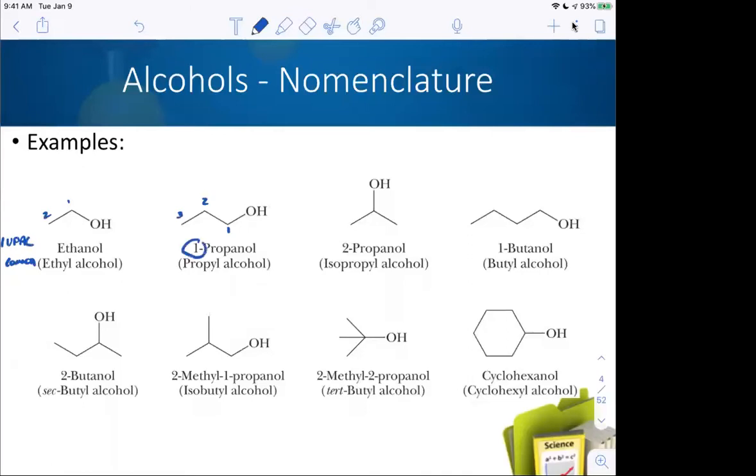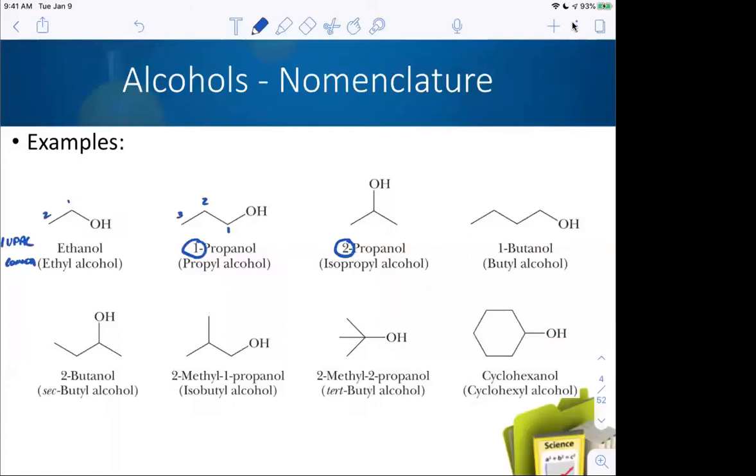Notice now I have to indicate location, because if it's on the 1 carbon or the 2 carbon, I get 2 different constitutional isomers. So as my carbon chain number increases, I have more possibilities for constitutional isomerism. So don't forget that part.